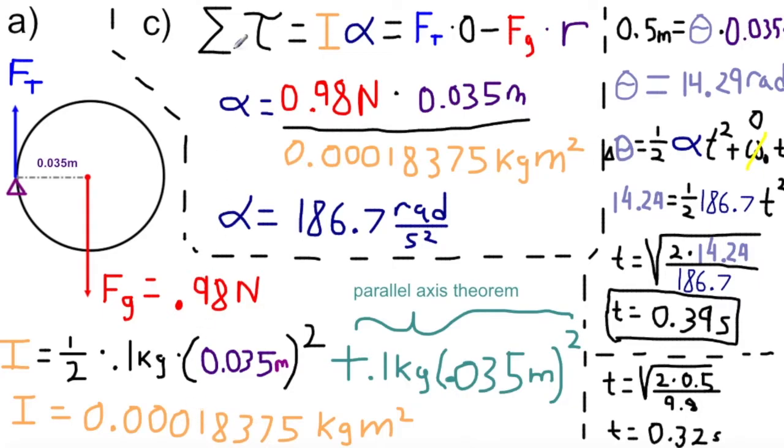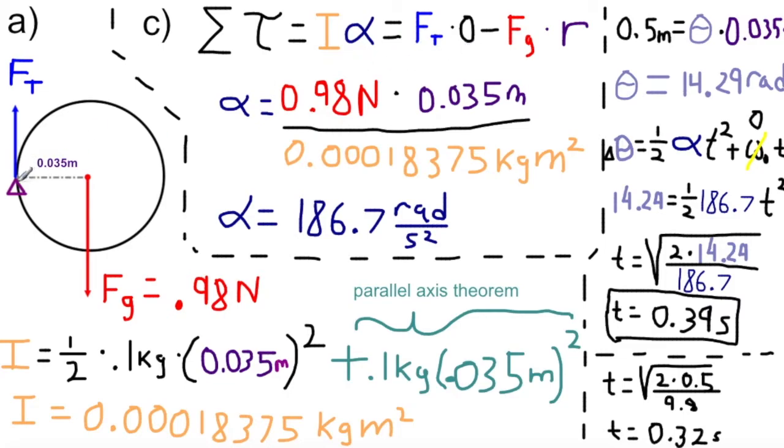All right, so as mentioned earlier, we're going to use the sum of the torques equals I alpha. The sum of the torques would be the torque caused by the force of tension, which is at the pivot point, so a radius of 0, so Ft times 0.